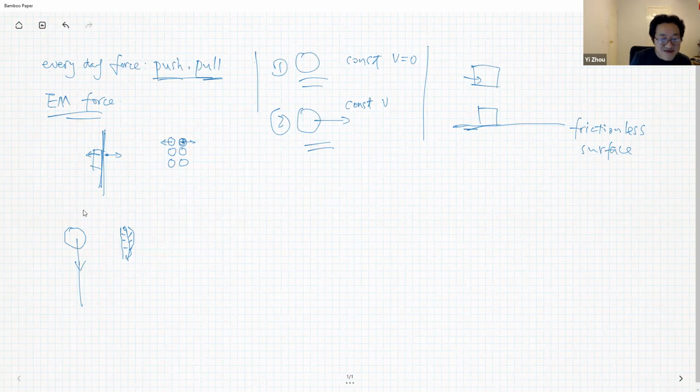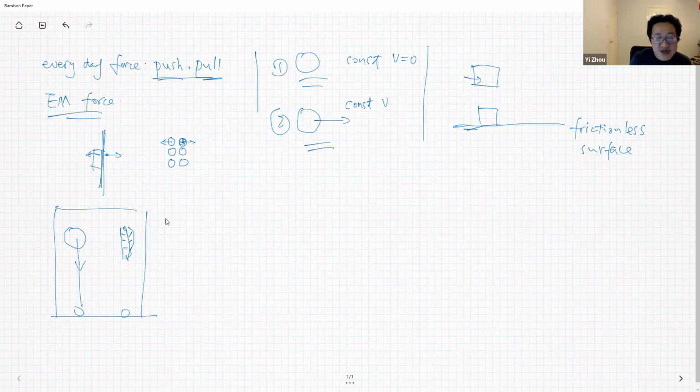But if we put them in a vacuum room, then you can see these two will drop at the same speed and reach the ground at the same time.